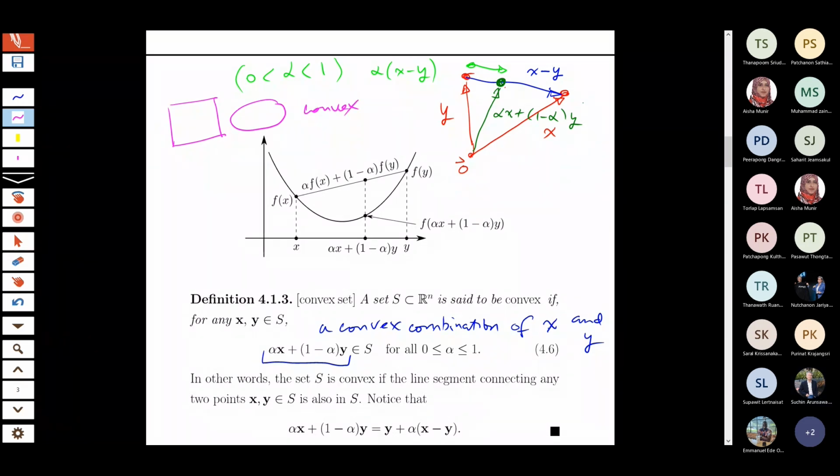But this one is not convex. It's a non-convex set. Why? Because given any two points x and y here, you see that some part of the straight line connecting the two points is not in the set S.